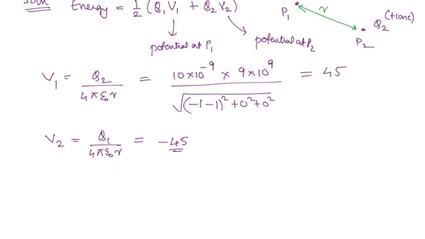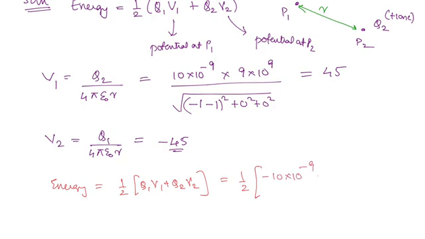So then what will be the energy? The energy is going to be half into Q1 V1 plus Q2 V2. So this is half into Q1 is minus 10 nanocoulomb. So minus 10 into 10 to the power minus 9 into 45. Okay. Plus what is Q2?